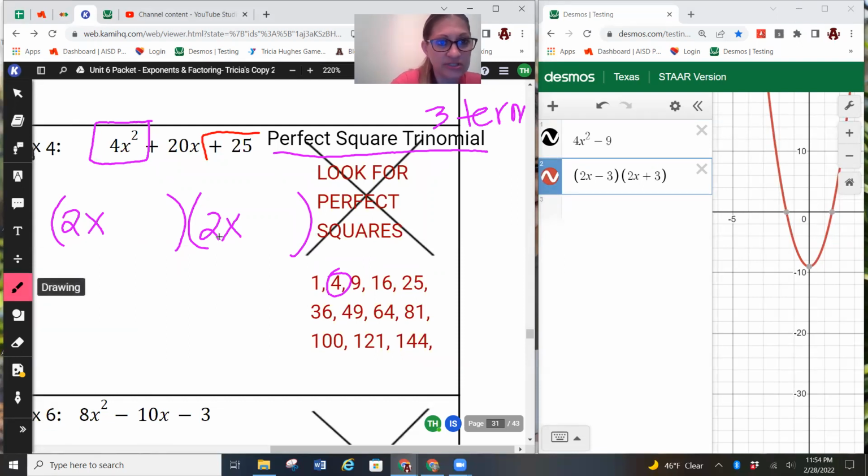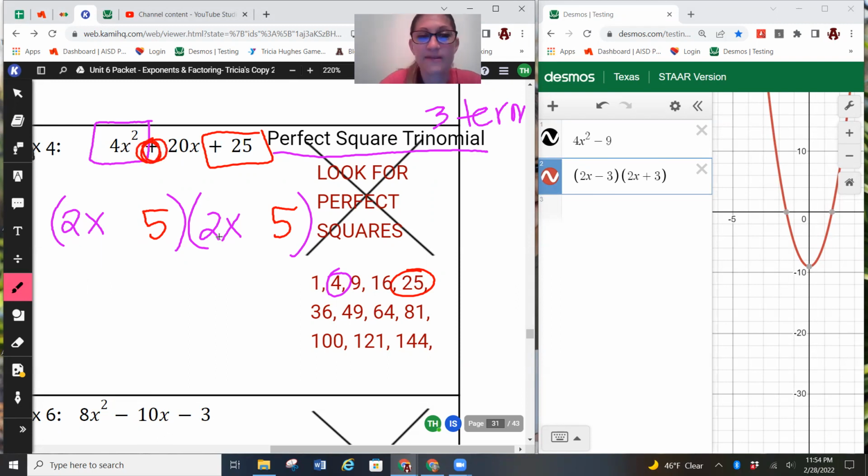You'll notice our c term is also a perfect square. It's right there. We're going to break that up with 5 and 5. Once we do that, we look at the sign right here. This is a positive sign. This is a positive sign. So I know a positive needs to go in both parentheses.